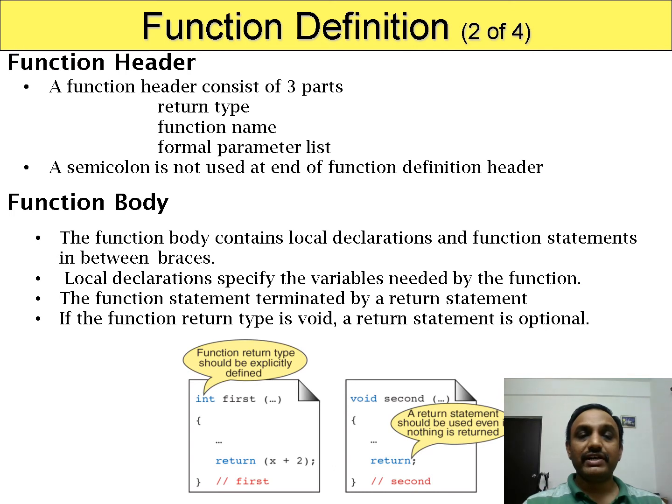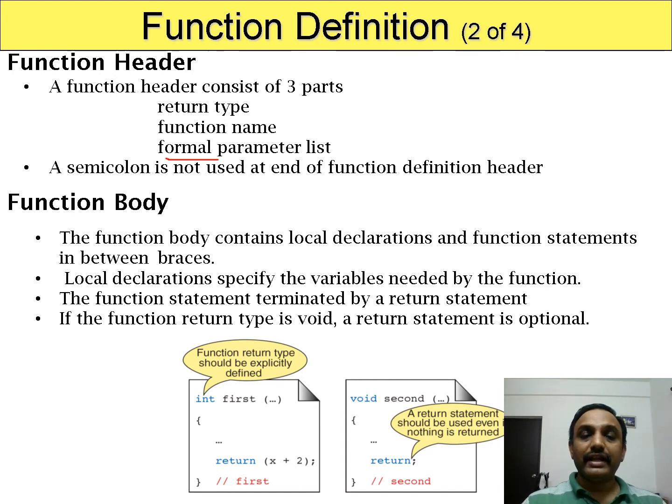First, we see the function header. What does the function header contain? It contains a return type, which is what the function is returning, the name of the function, and the parameters list. Those parameters are called formal parameters. In the function header, you are not supposed to end it with a semicolon.